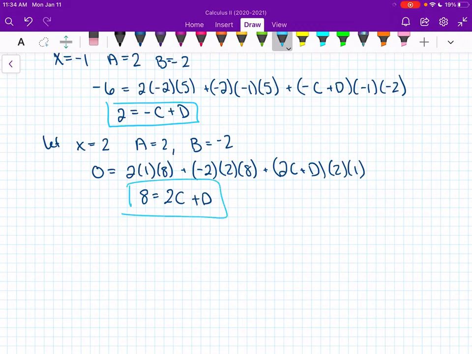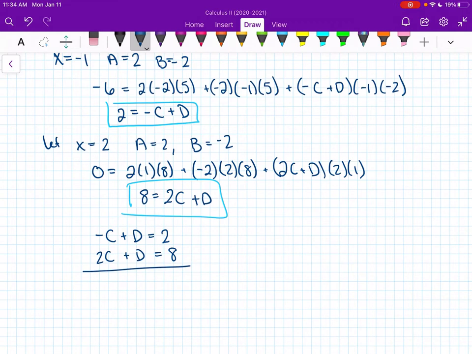So if I put these two equations together, I have -c plus d equals 2, and 2c plus d equals 8. And when I go ahead and solve this, oh, sorry about my dog. Philip, chill out.